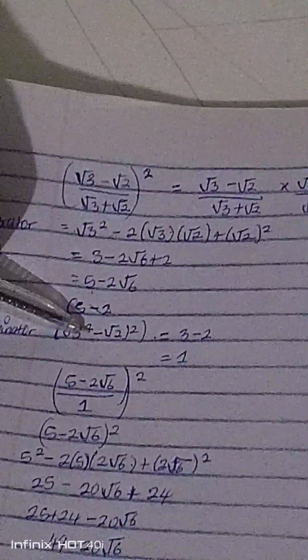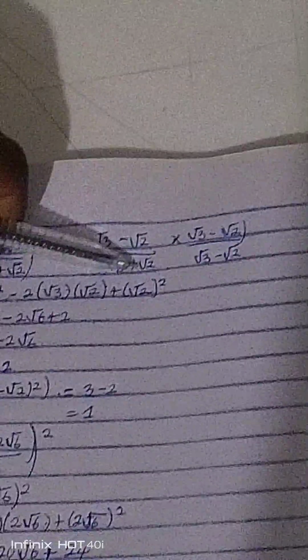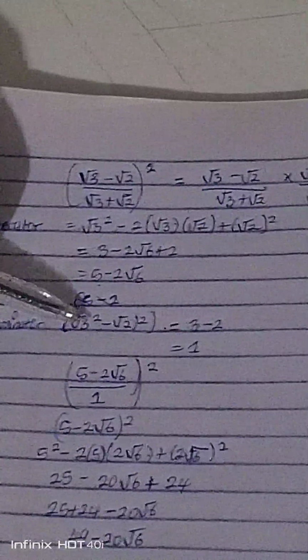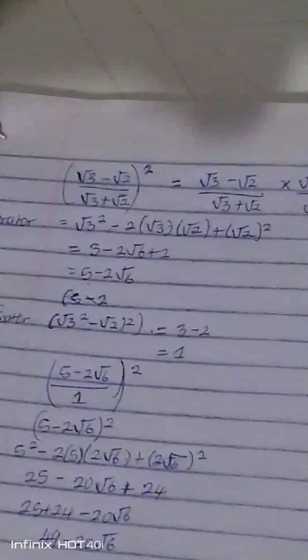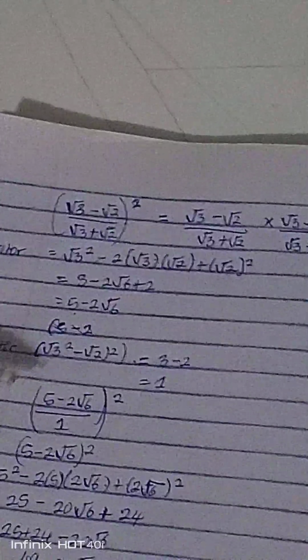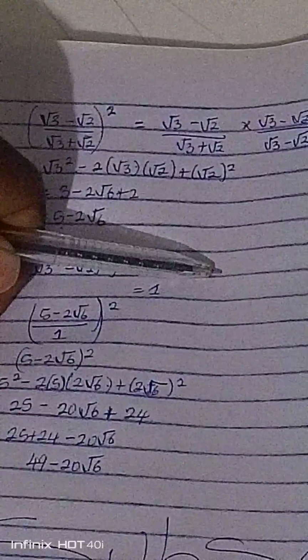Root 3 times root 3 gives root 3 squared, minus root 2 squared. That's why we have x squared minus y squared. Like I said before, root 3 squared is 3, root 2 squared is 2. 3 minus 2 gives us 1.